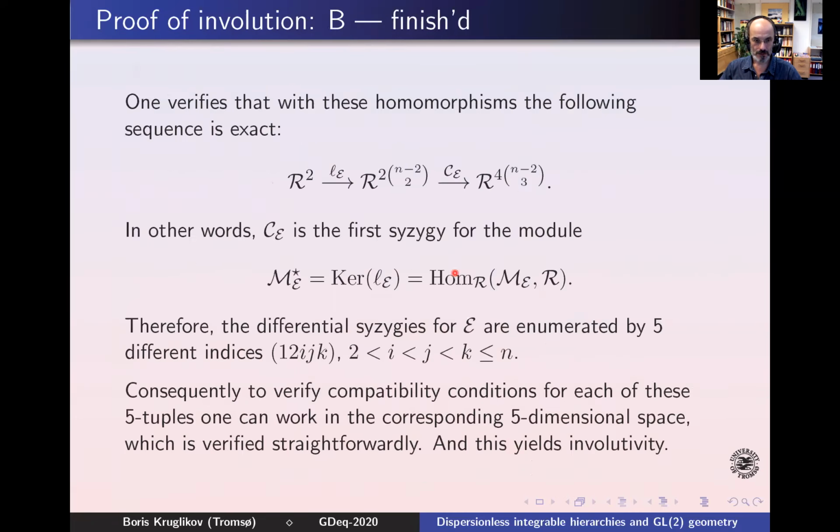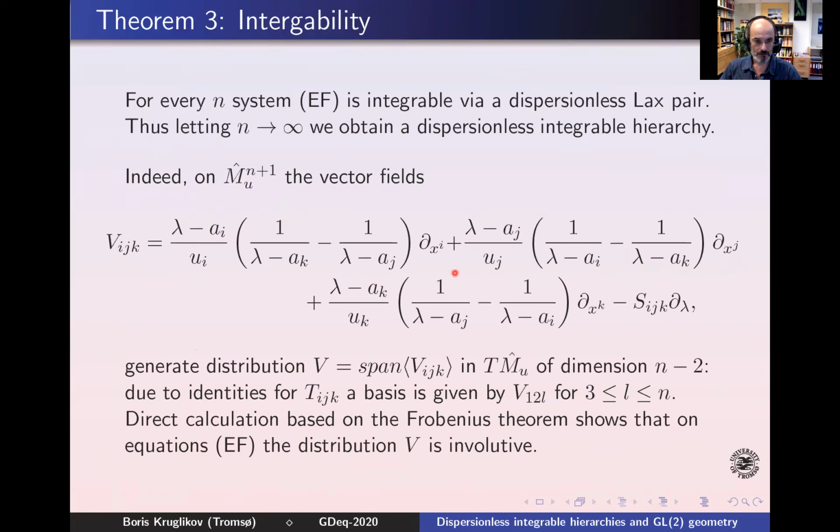Right. So, okay, we get Lax integrability, and just to summarize, all involutive GL2 structures are parameterized by the EF system.